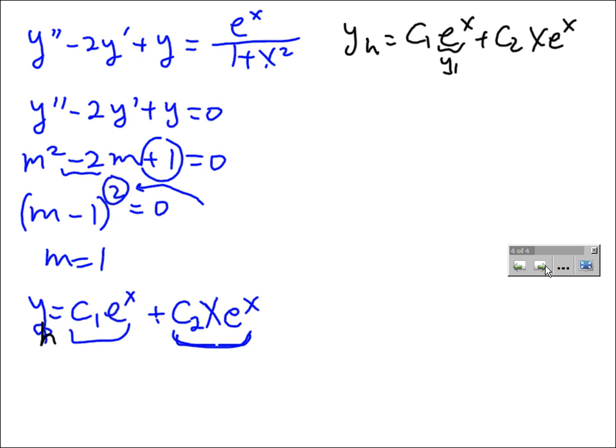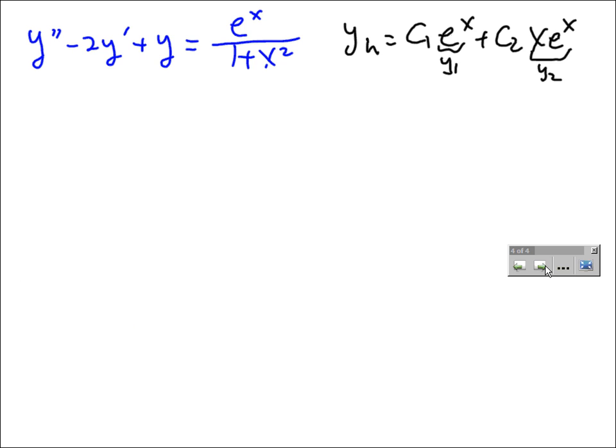And that's y sub 1, and that's y sub 2. And our particular solution is going to be y is equal to u1 y1 plus u2 y2. So we need to find u1 and u2.